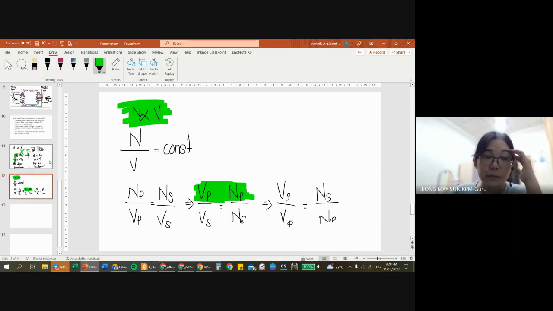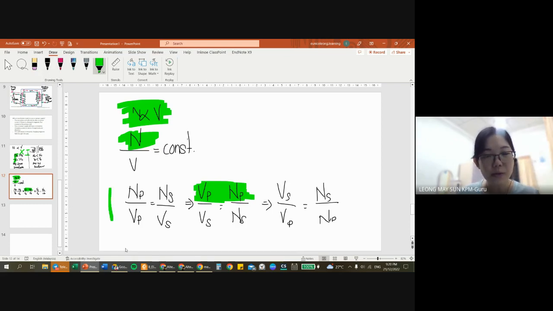Now, if the question gives you the diagram, please do note in every single question, the front cover instruction already says diagram is not drawn to scale unless stated otherwise. So the number of turns, try to find from the question. Don't look at the diagram. The diagram can only tell you that it's a step up or step down.